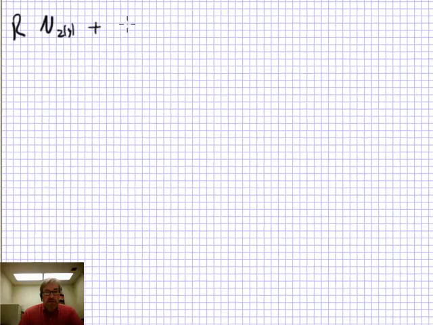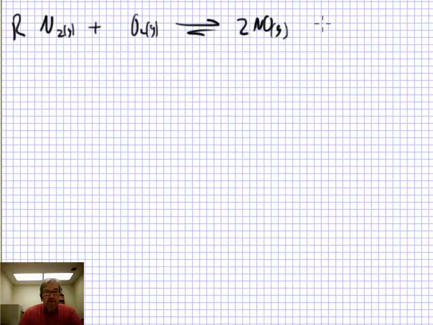Again, I'm going to establish a RICE chart here. The reaction is equal to N2 gas plus O2 gas in equilibrium with 2 NO gas. And I know that Kc for this reaction is 4.8 times 10 to the negative 31. And my job is to figure out what is this concentration when I'm at equilibrium.